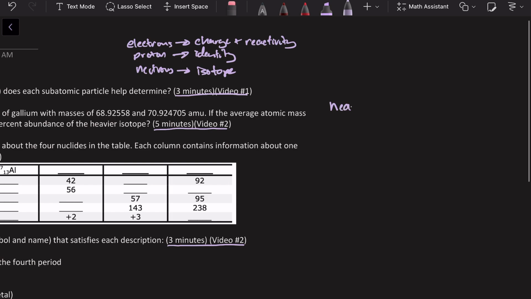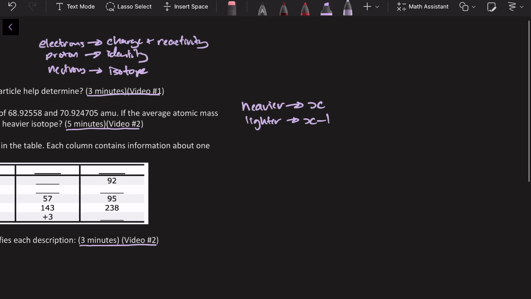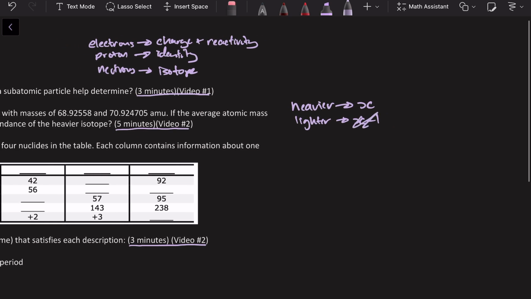So let's set up a variable x as the abundance of the heavier isotope. And so if we want the abundances adding up to 100%, which is how we should have it, the lighter isotope must have an abundance of 1 minus x. And that gives us the equation that average mass equals isotope 1 multiplied by abundance plus isotope 2 multiplied by abundance.